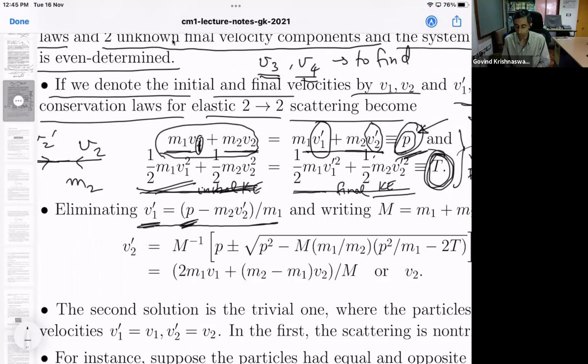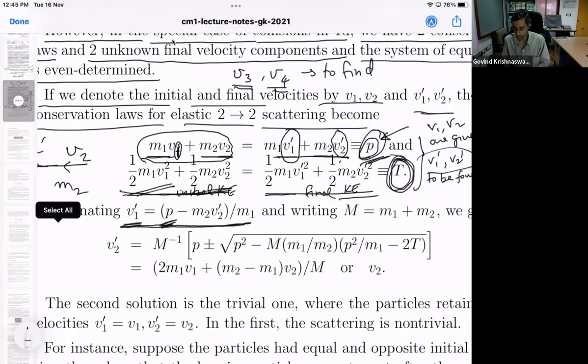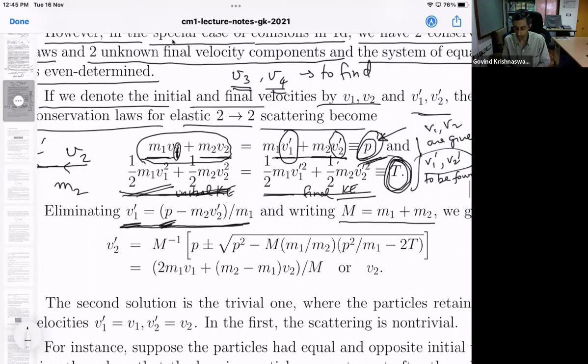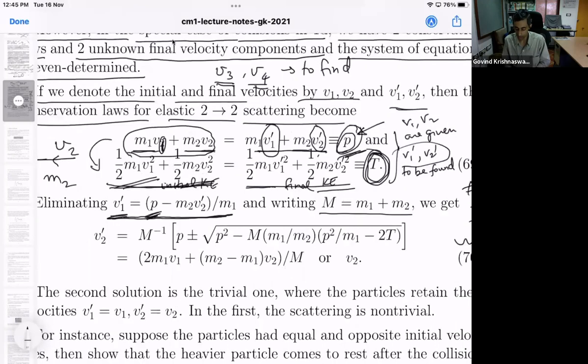Now we have written a formula for v1 prime in terms of v2 prime. Suppose we denote by capital M the total mass of the particles. Then one can put this v1 prime in the second equation and we get a quadratic.